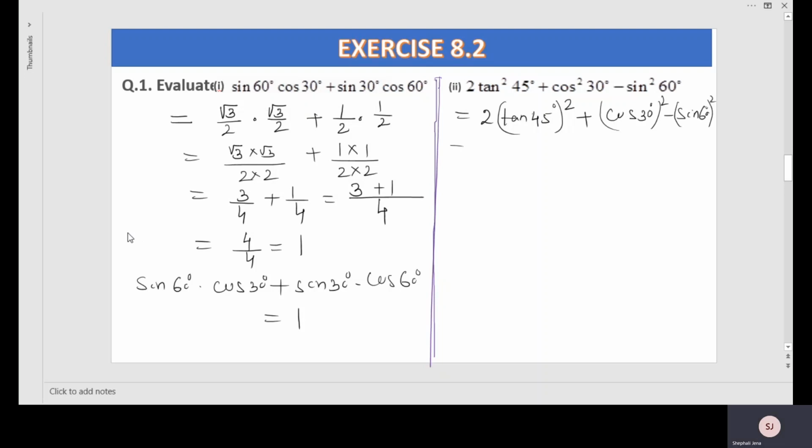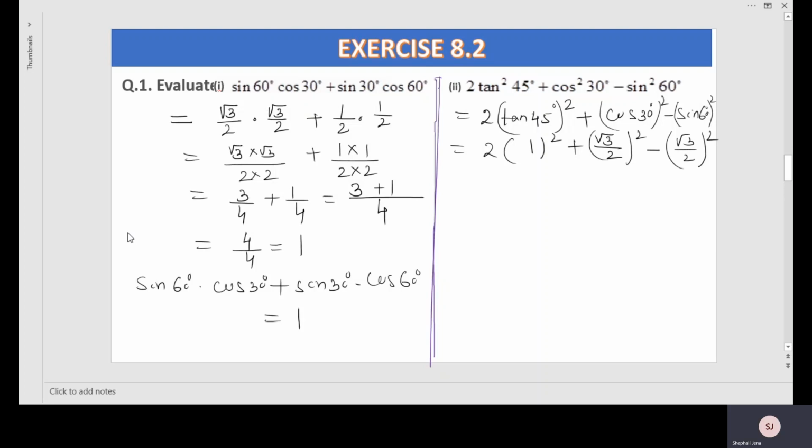Okay. So now 2 into tan 45, you know that square root of before divided by square root of after. So before square root of 2 divided by square root of 2, 1 square plus cos 30 degree, root 3 by 2 whole square minus root 3 by 2 whole square.